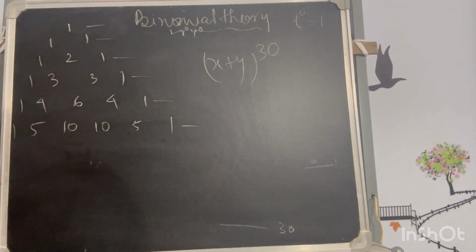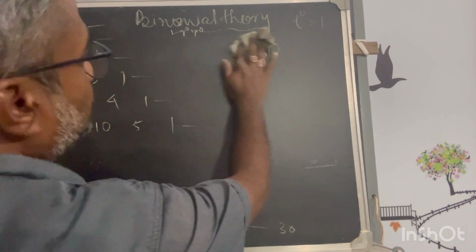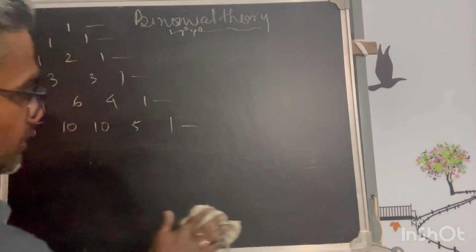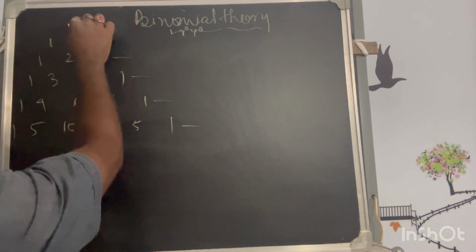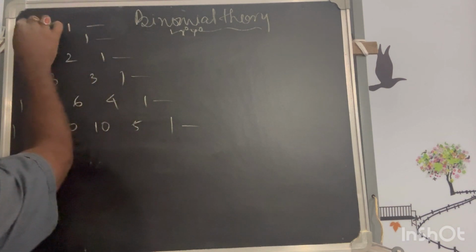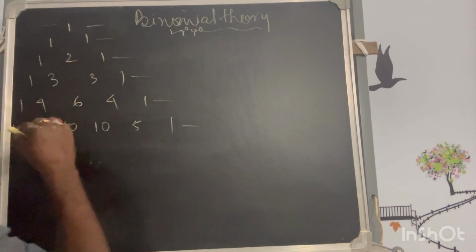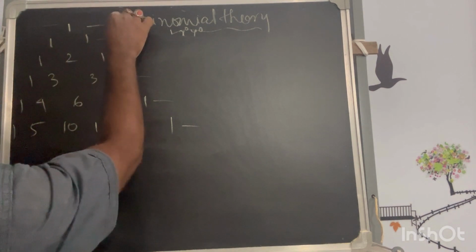So for that I need to bring in one more concept, the concept of factorial. You have to understand factorial first, but before that I will describe some characteristics of this triangle. If we follow the terms as per the rows given, this is 1.